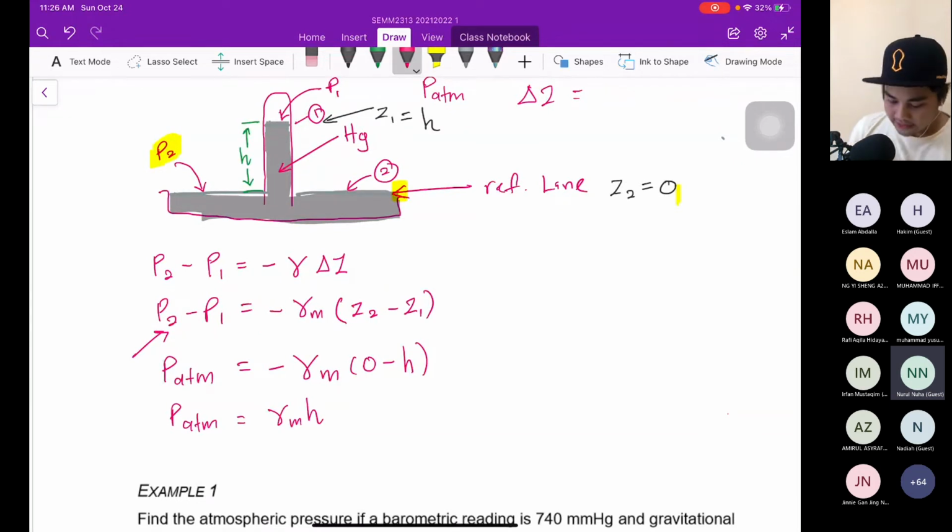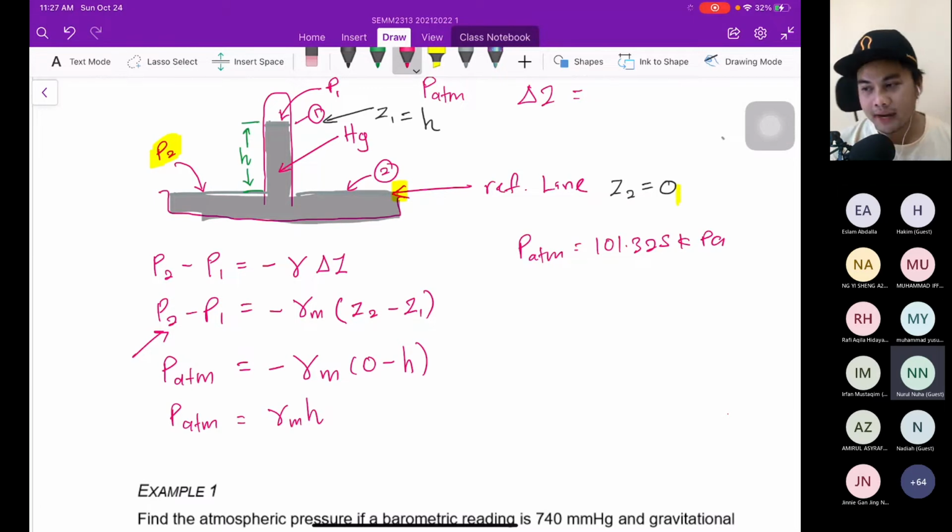So do you know that our PATM is equal to 101.325 kilopascal? How do the scientists get this value? From which device? Anyone?